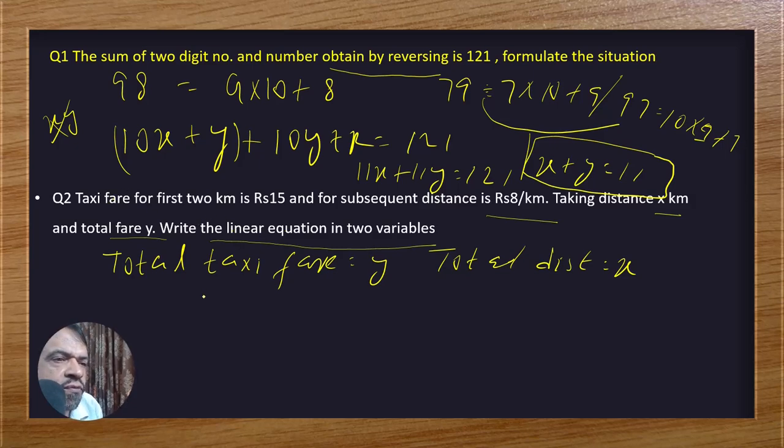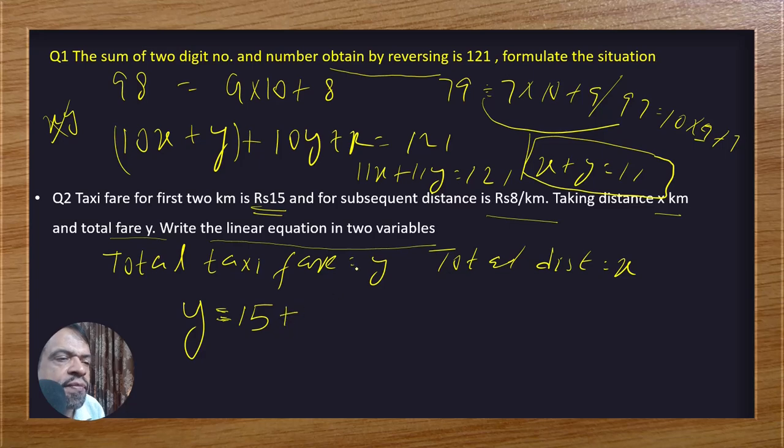See, the total fare y we can write will be, for the first 2 km, rupees 15. So we paid the rupees 15, meaning we are breaking the y. You assume that we are breaking the total fare y. 15 we already paid initially when we sit in the taxi for the first 2 km.